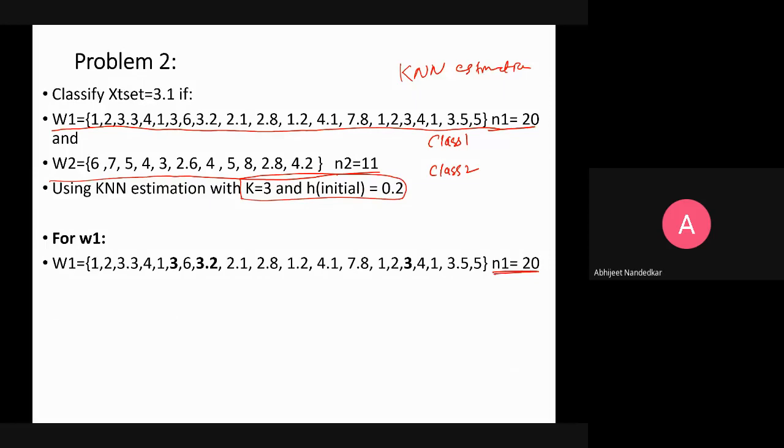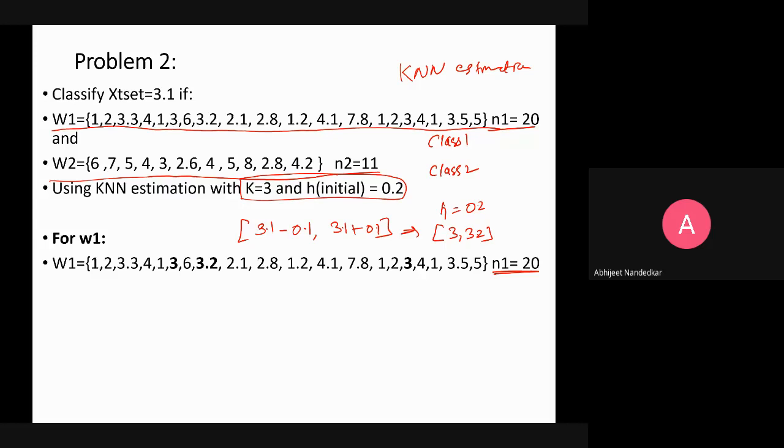Now here I have 20 samples and h is equal to 0.2. So I will go around 3.1 minus 0.1, which is my initial value or the lower limit, and 3.1 plus 0.1. So this is 3 comma 3.2.